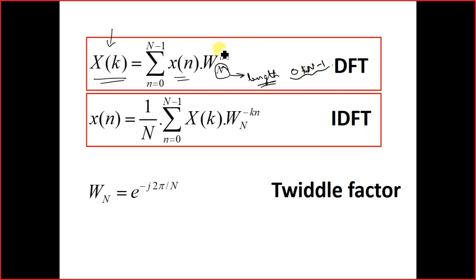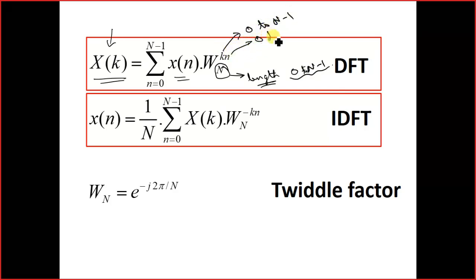Similarly, this k value also varies from 0 to N minus 1, and this n value also varies from 0 to N minus 1.